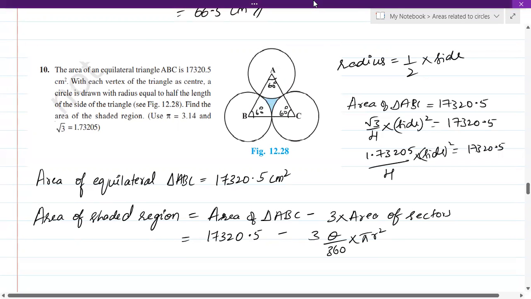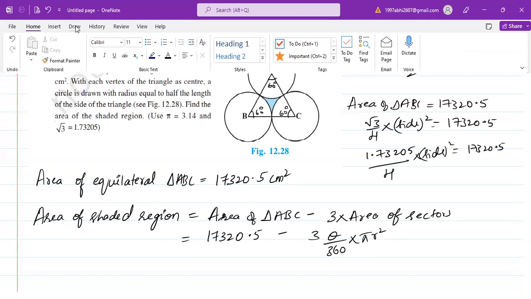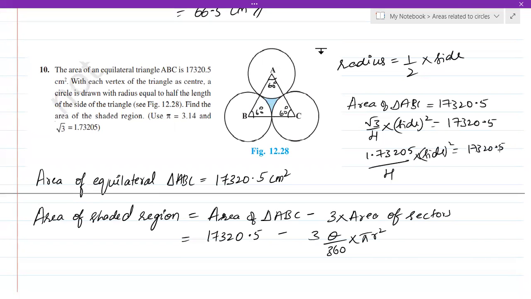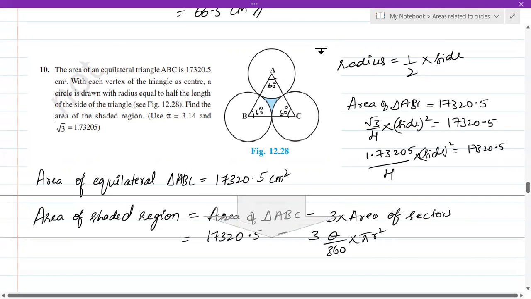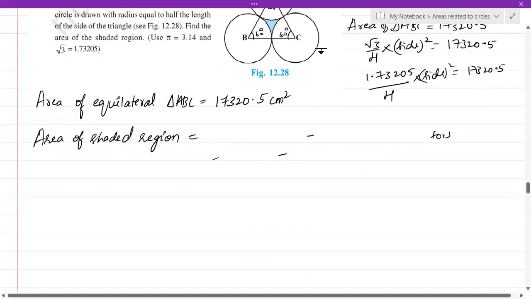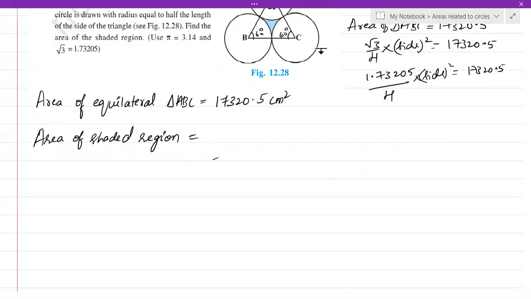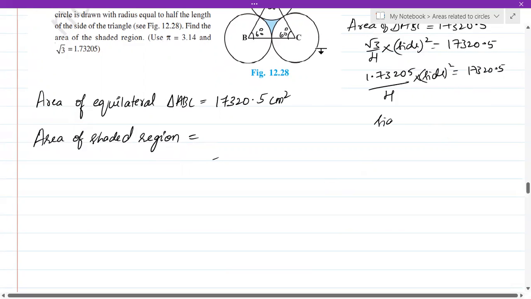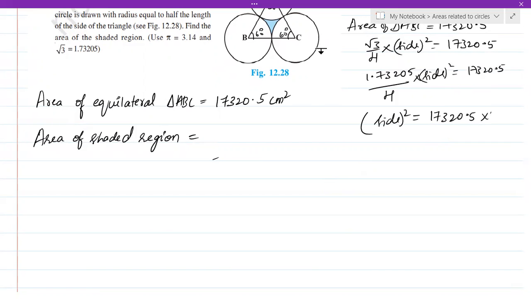So this becomes side square is equal to 17320.5 into 4 divided by 1.73205.